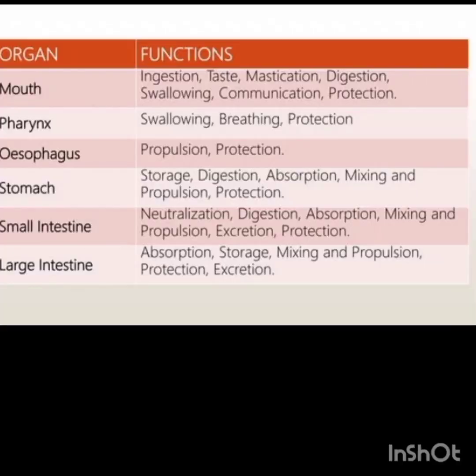And if we divide the functions by the digestive organs: the mouth functions are ingestion, taste, mastication, digestion, swallowing, communication and protection. Pharynx: swallowing, breathing, protection. Esophagus: propulsion, protection. Stomach functions are storage, digestion, absorption, mixing, propulsion and protection.